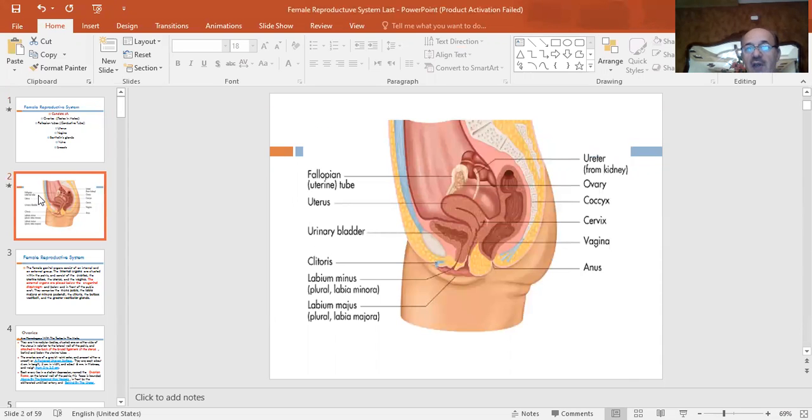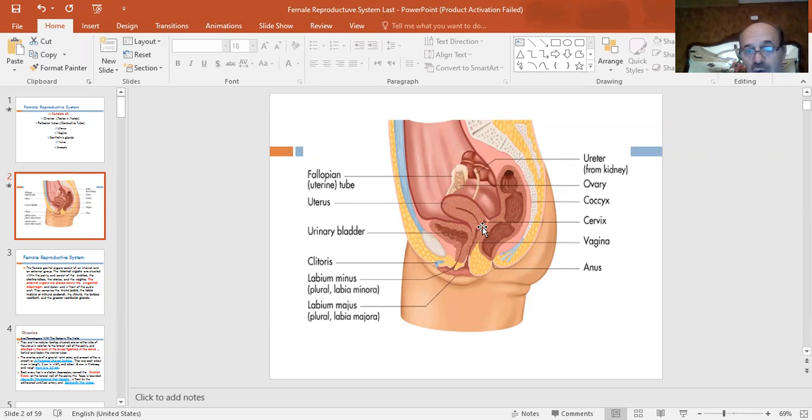In this picture, you can see that the ovaries are actually in the lateral posterior abdominal wall. And you see the uterus that is posterior to the urinary bladder. And you can see the urethra and the vagina.